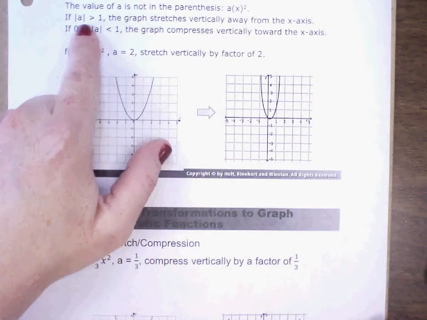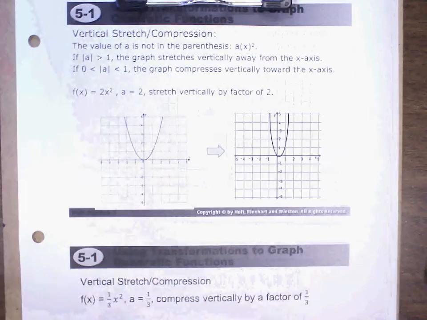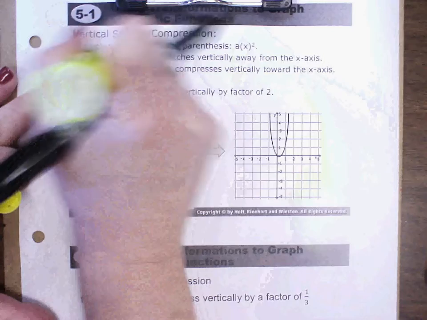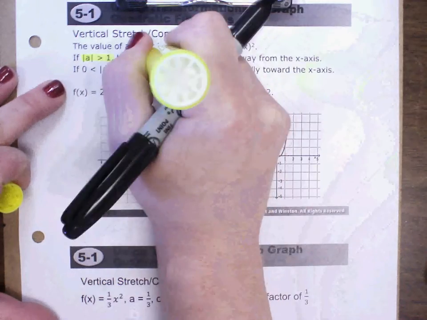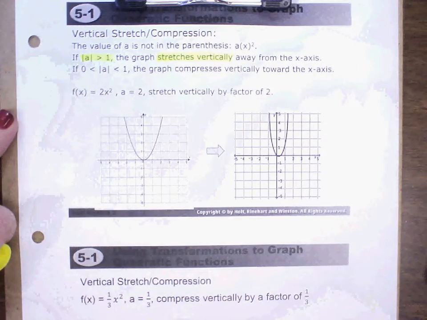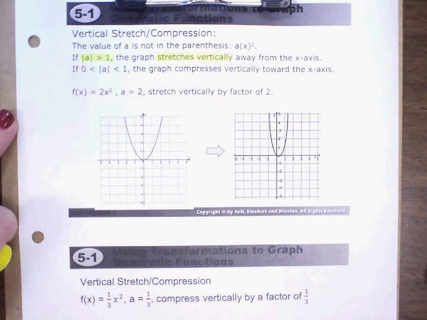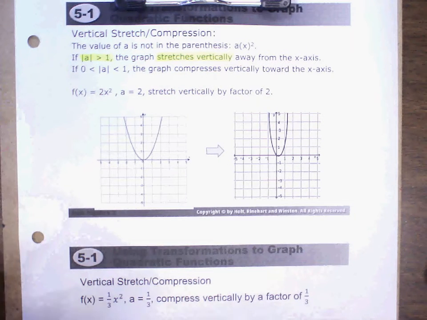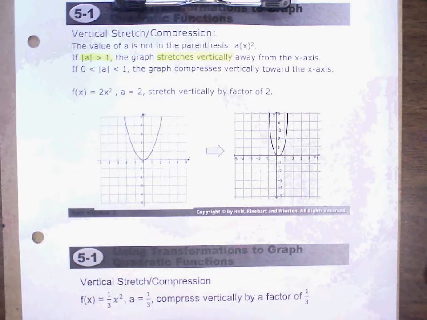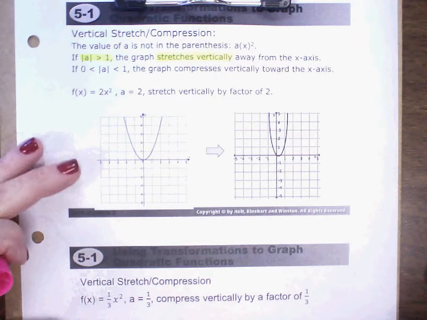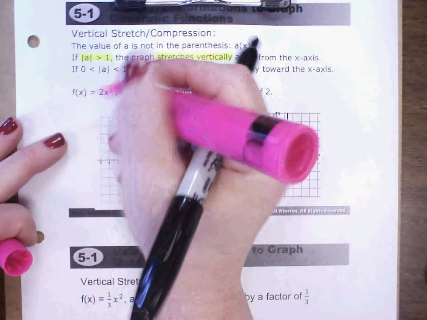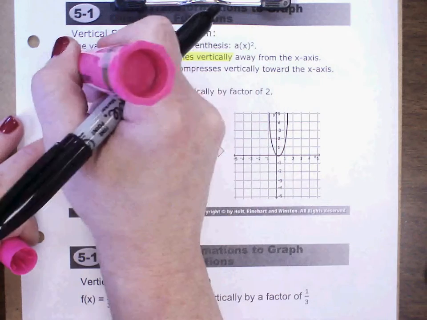So this one you guys already know, right? If a is positive, it opens up, but if a is negative, it opens down. We don't need to go over that. Now this is the new thing, okay? When a is bigger than 1, it stretches vertically.